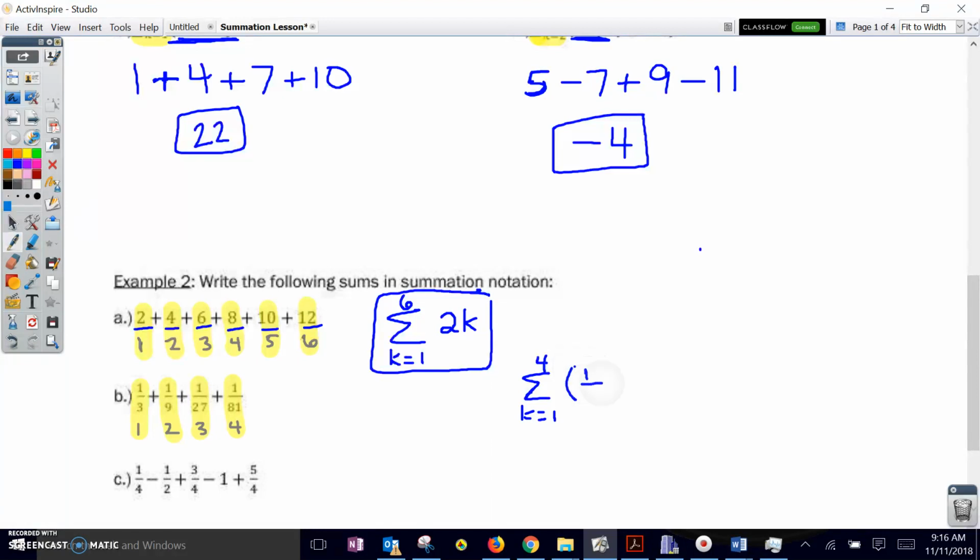It could be quantity 1/3 to the k. It could be 3 to the negative k. Any of those that generates the appropriate term. All right.